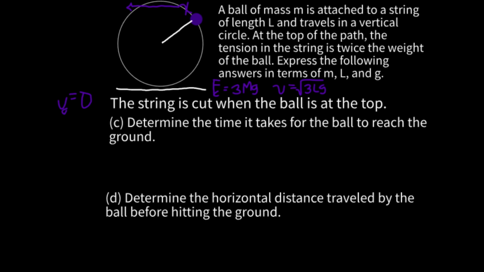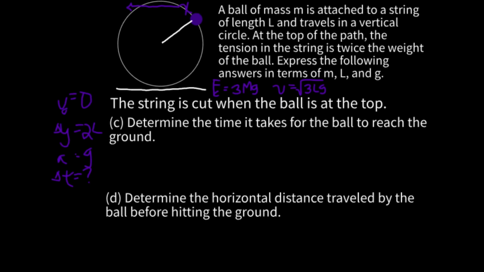We know that our change in y is going to be the diameter of the path, which will be 2L, and acceleration is due to gravity, so it's g, and we are looking for the change in time.